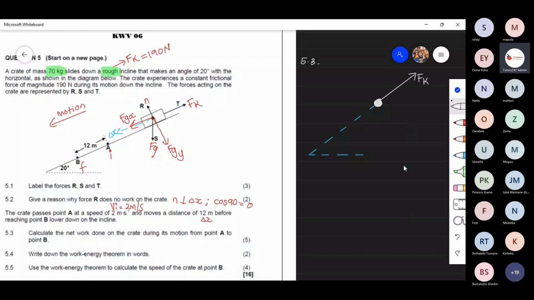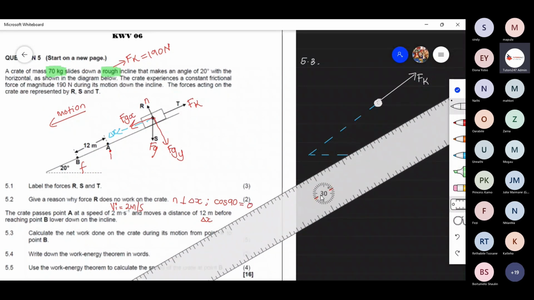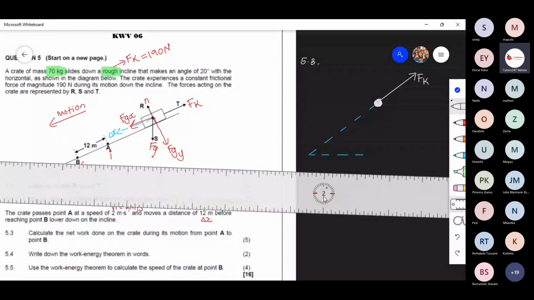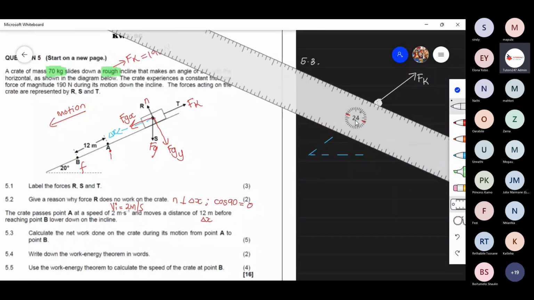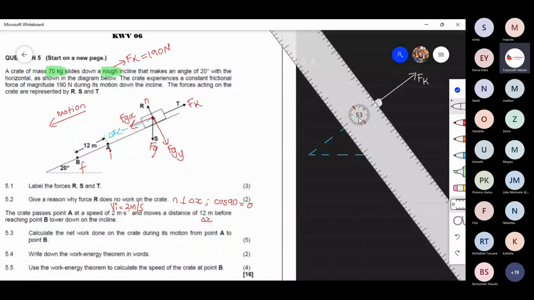So that's our first force. Let us now put in our normal force. Normal force always acts perpendicular to the surface on which the object is acting. So it's going to be perpendicular to kinetic friction and to the slope. So that is going to represent our normal force.